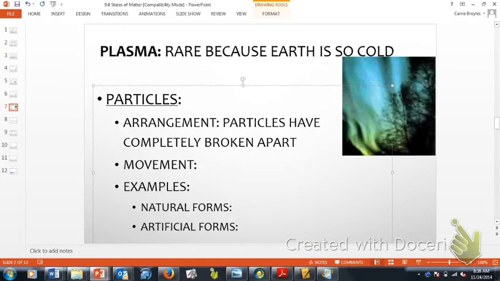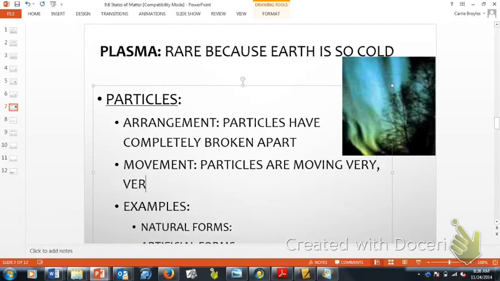We don't need to go into that detail, but that's basically what is going on. With movement, they are the fastest of any of the different states of matter. So particles are moving very, very, very fast. This has the most heat of any of the states of matter, and thus why they are moving that quickly.